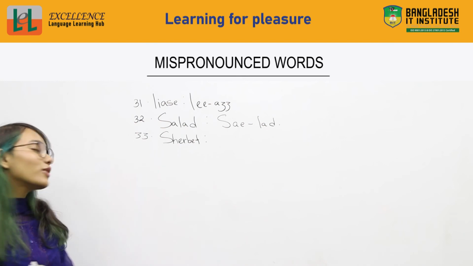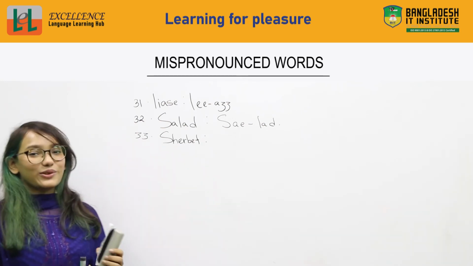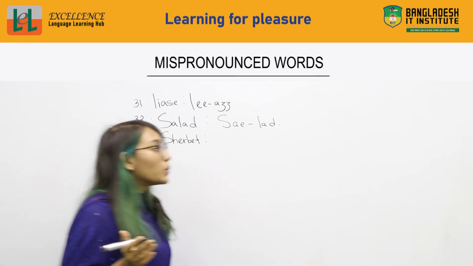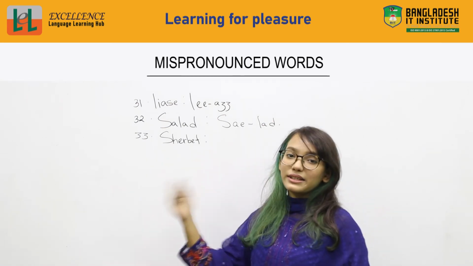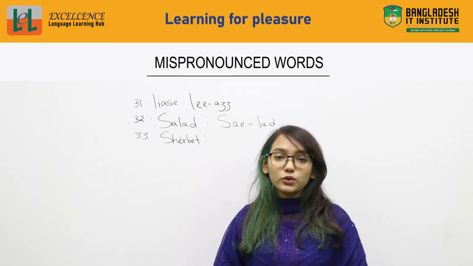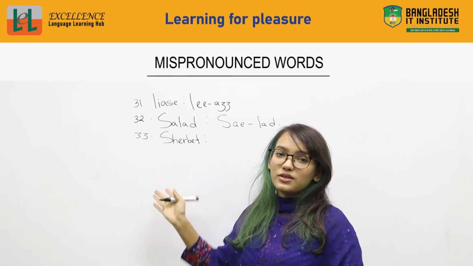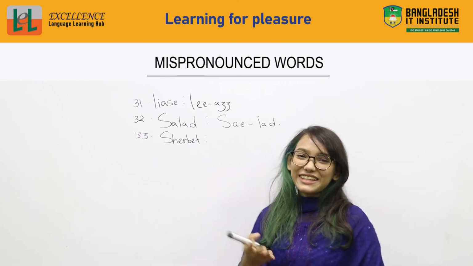Okay, this word is also known by the Bengalis as shorbut. So I wouldn't say our pronunciation is wrong, because we are the people who made this word, shorbut, and the Americans or the British people took it and turned it into sherbet. So I would suggest you pronounce it as shorbut, because that's the correct word.